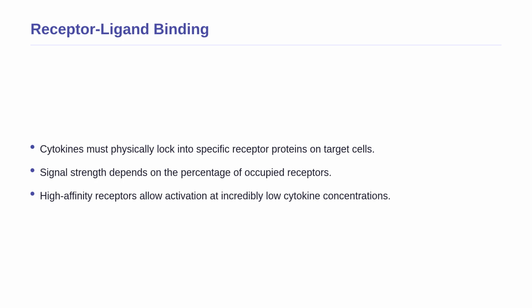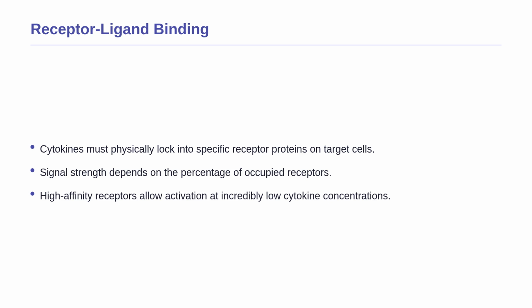These complex behaviors bring us to a crucial question. How do cells actually receive these signals? Cytokines do not just float inside cells. They must physically lock into specific receptor proteins on the outside of the target cell's membrane.